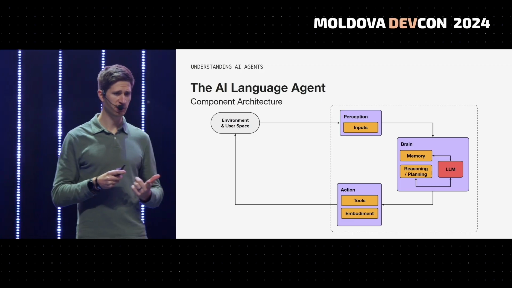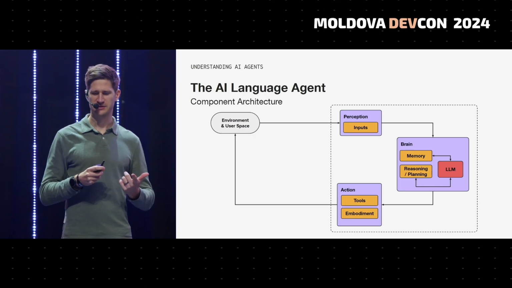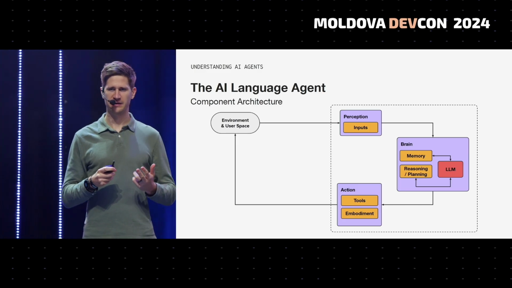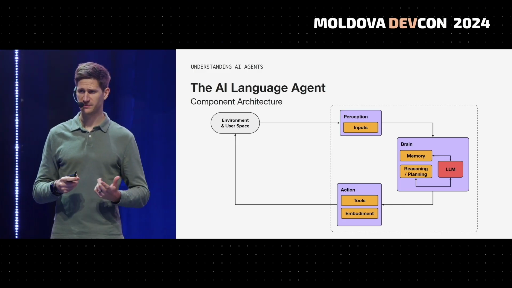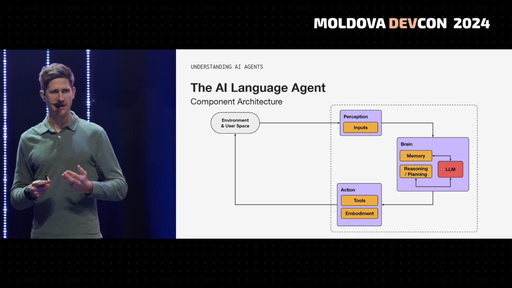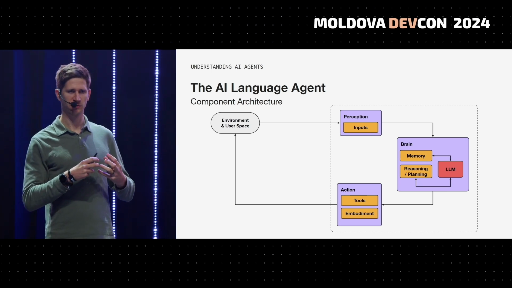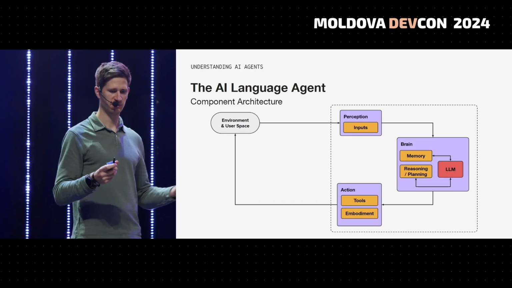Secondly, it's got a brain component, which typically consists of memory, as well as reasoning and planning, and this is really where the LLM comes in to a large extent. And then lastly, we've got actions, which is essentially tools we give it to perform things within this environment.